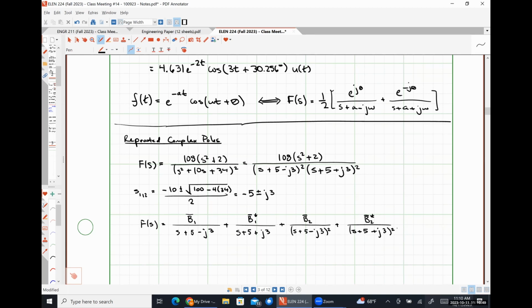And because we have repeated poles, even though they are complex, we're going to wind up using our method for the case of repeated real poles.